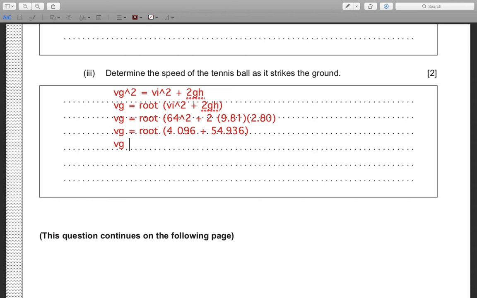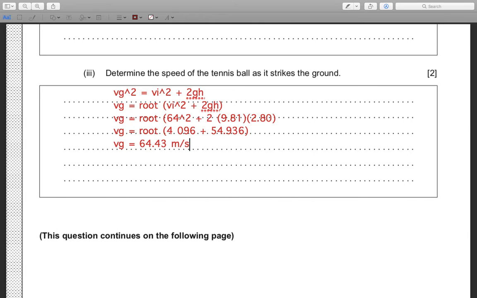If we take the root of it, we get 64.43 meter per second.